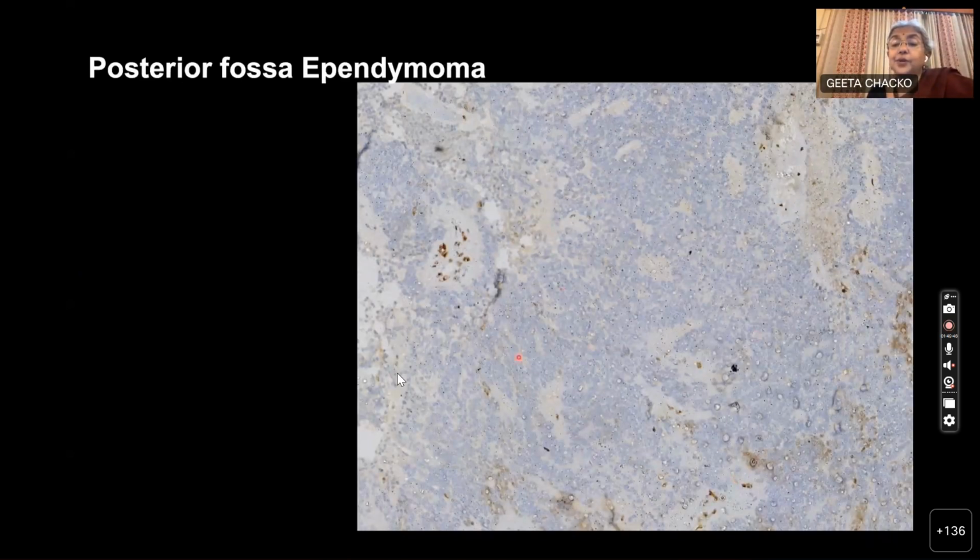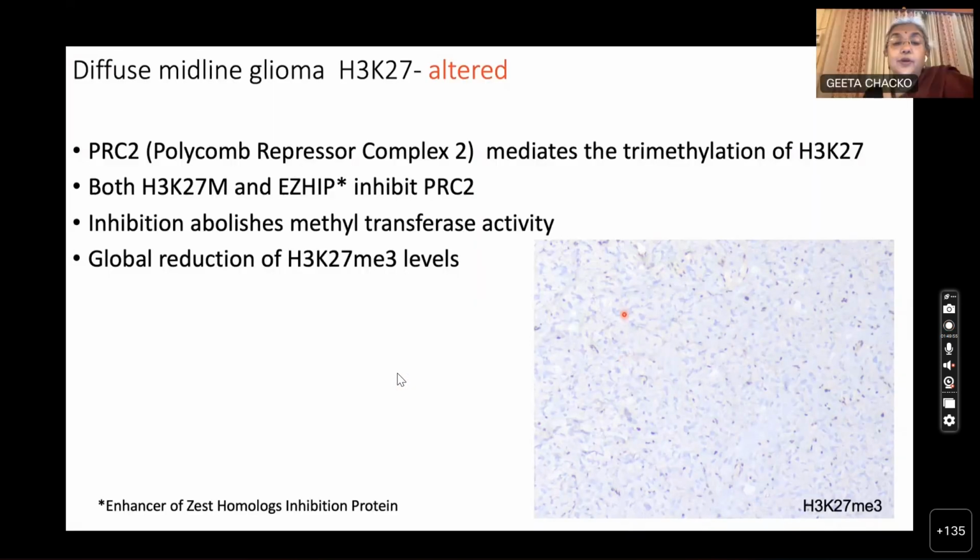So in this particular tumor, it showed a loss. What do you think this is showing? H3K27. Not the mutation. It's H3K27 trimethylation protein loss, right? So, like I said, you have this methyltransferase activity inhibited. So there is reduction in the H3K27 trimethylation protein.